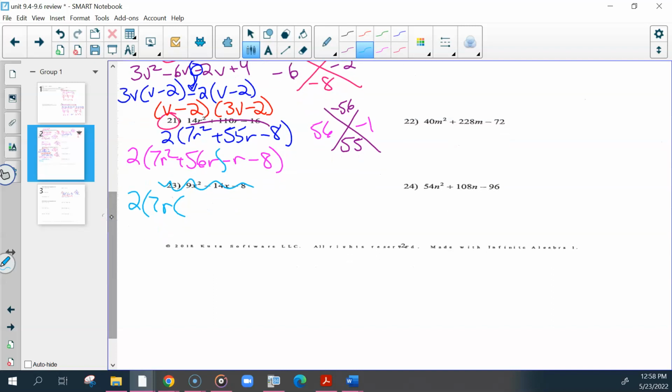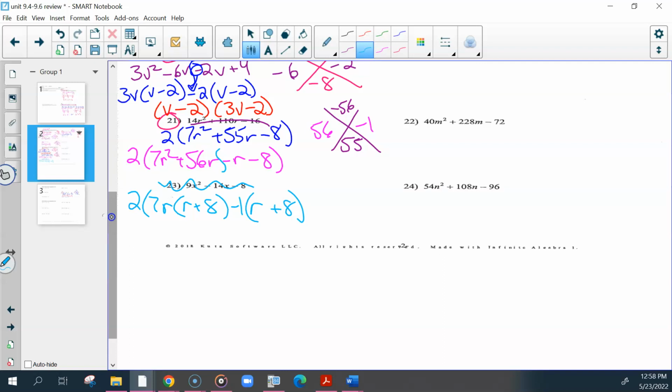R plus 8. What could we divide out of the last two? Negative 1. And if we divide out negative 1, what's left? R plus 8.